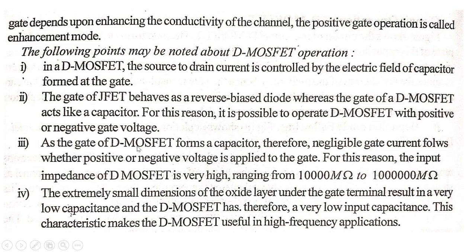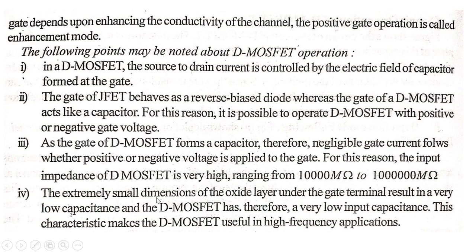As the gate of D MOSFET forms a capacitor, negligible gate current flows whether positive or negative voltage is applied to the gate. For this reason, the input impedance of D MOSFET is very high, ranging from 10,000 mega ohm to 10 lakh mega ohm.